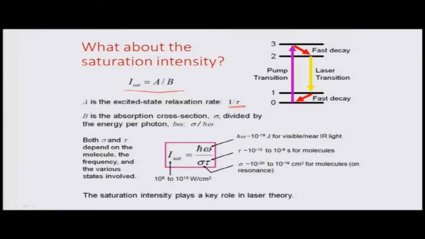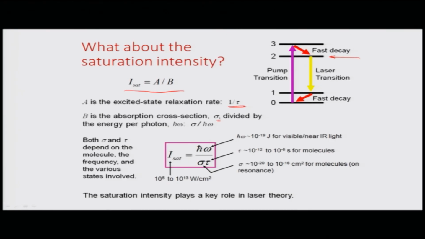What we will find is that the B is the absorption cross section sigma, because the A is appearing because of the time of the relaxation of the state that is being generated. So as long as it's a time scale which is not going to be extremely short, this will make some sense.